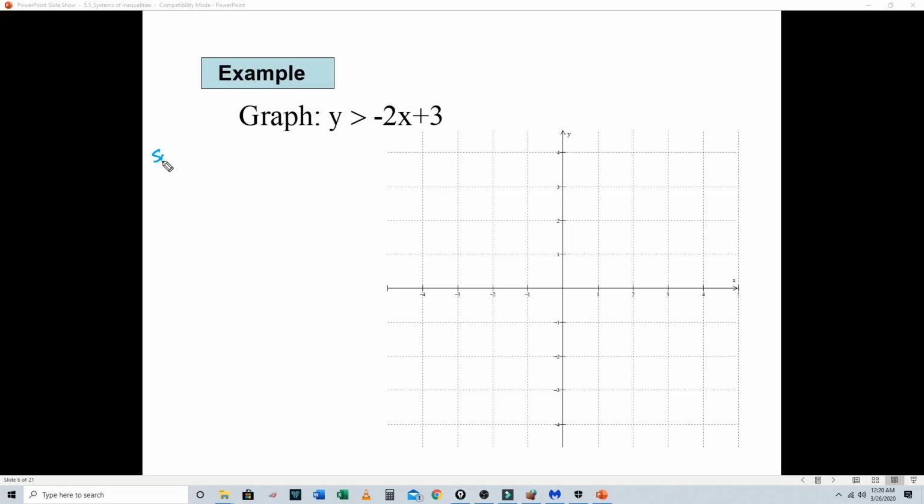When we solve for y, once we have y isolated, this is really useful, because greater than means we're going to shade up, and less than means we're going to shade down. That is only true if y is isolated. So y must be isolated, like everyone else is right now.